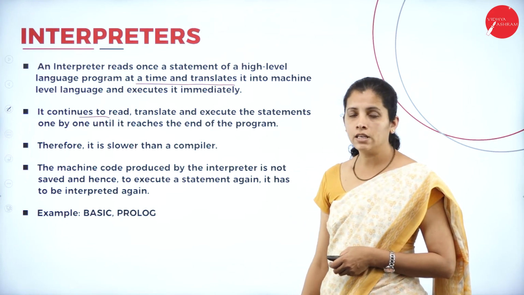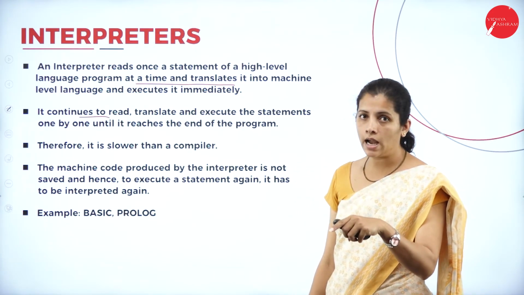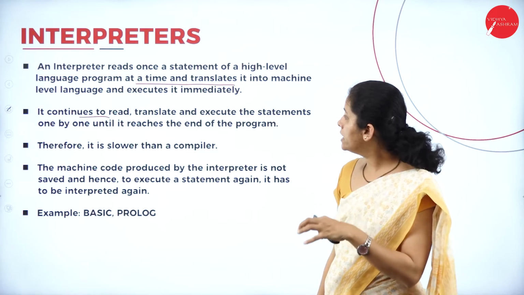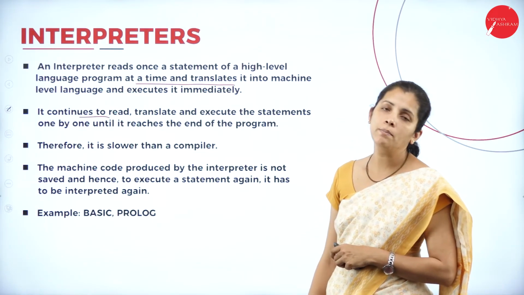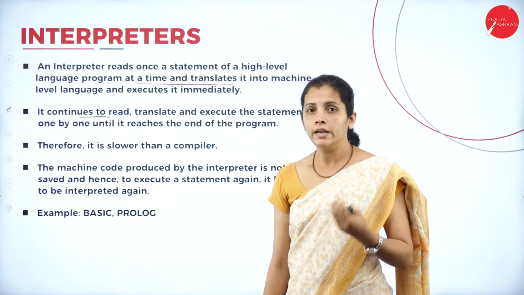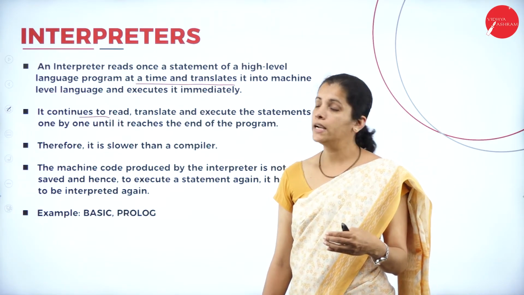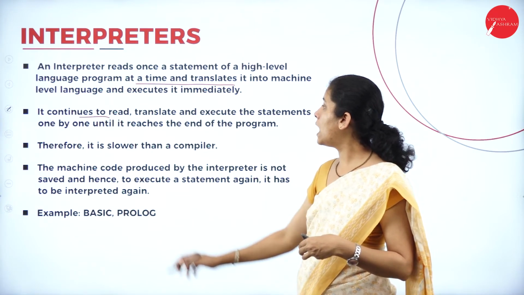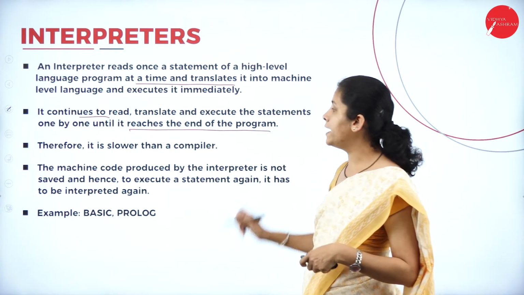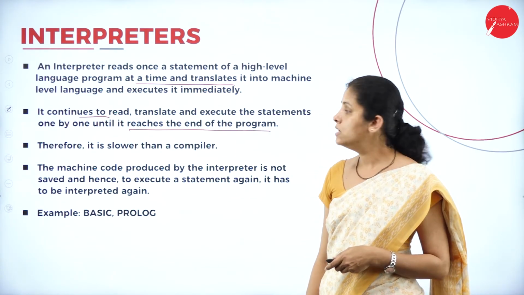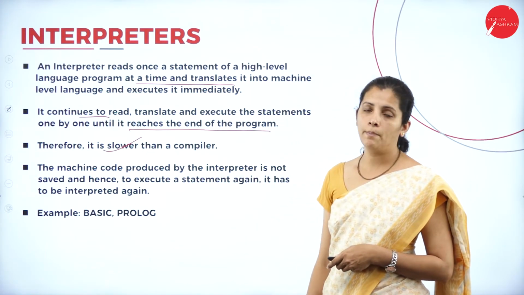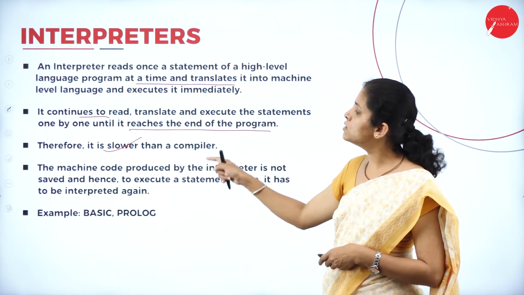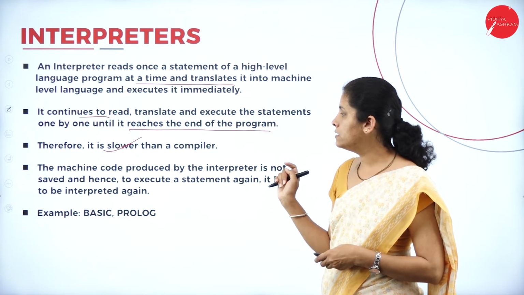That means after converting one line, it's going to continue the reading, and translate and execute the statements one by one until it reaches the end of the statements. Therefore, it is much slower than the compiler.